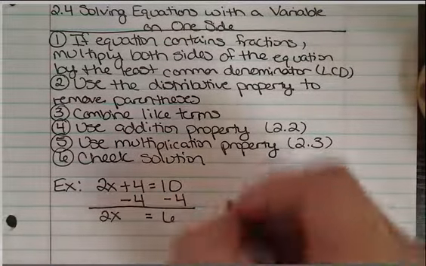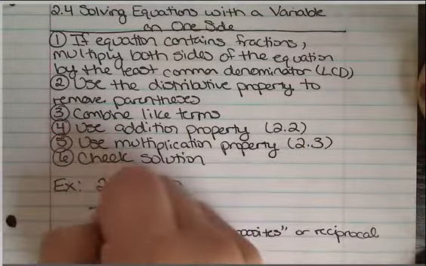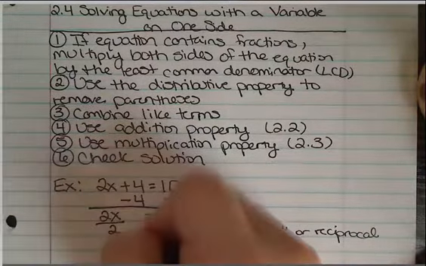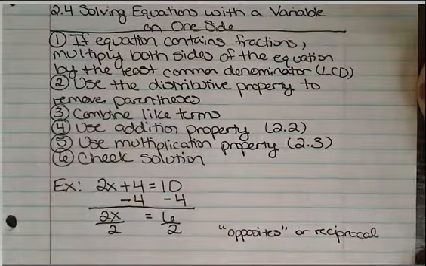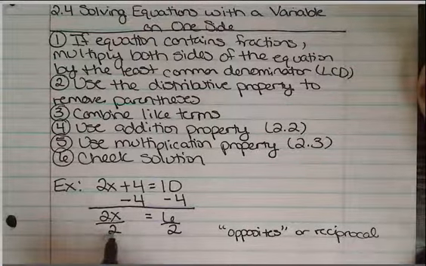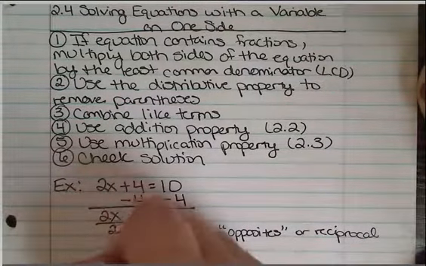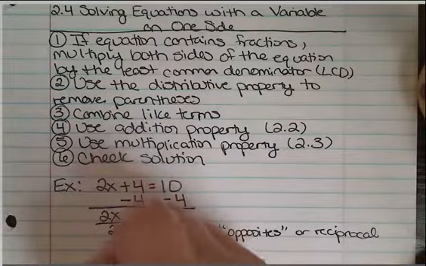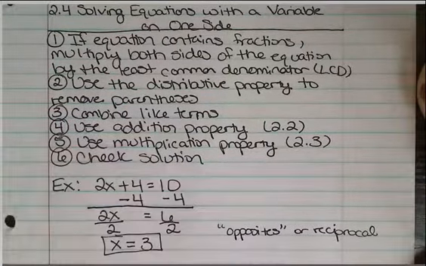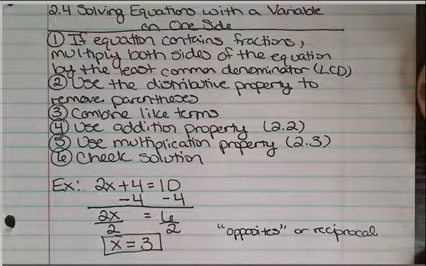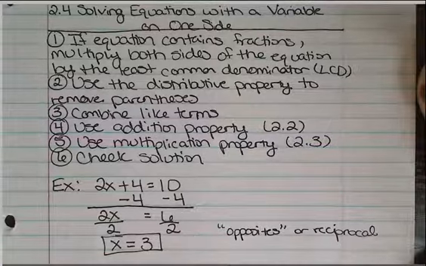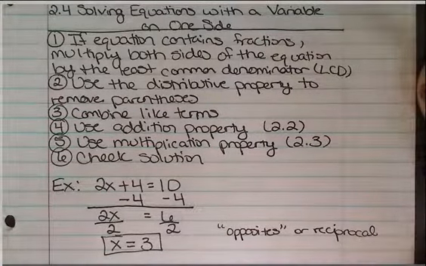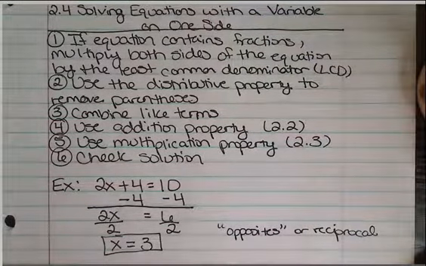So I'm going to simply divide both sides by 2. 2 divided by 2 is 1, so that leaves us just our x. 6 divided by 2 is 3. So we get x equals 3. For the purposes of this lesson, I'm not going to be checking my solution because we're going to be working a lot of problems. But on your homework, you're going to want to check your solutions to make sure they are correct, especially before you do your quizzes.